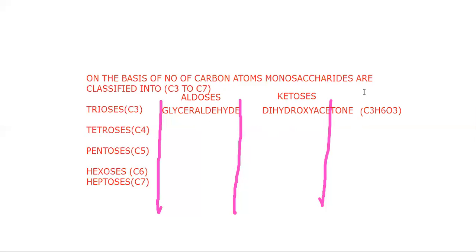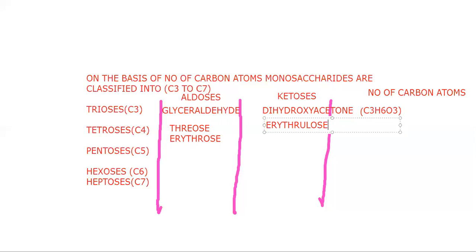Here I can write the formula: C3H6O3. Similarly, there are tetroses: the aldotetroses are threose and erythrose, whereas here I write erythrulose.